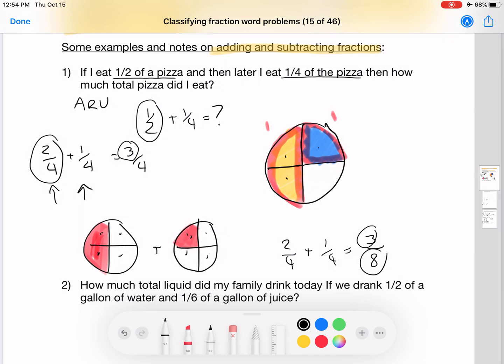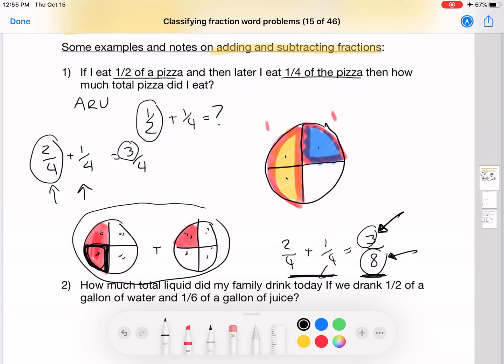So what is wrong with that is you have changed the size of the whole. These things are referring to one whole. This is referring to another. So this is a fourth of a pizza. But if I were to count it up and say that there's 8 pieces, then this would be an eighth of the 2 pizzas. And so this would say if I had 2 pizzas and I chopped them into eighths, I would have eaten 3 of those.